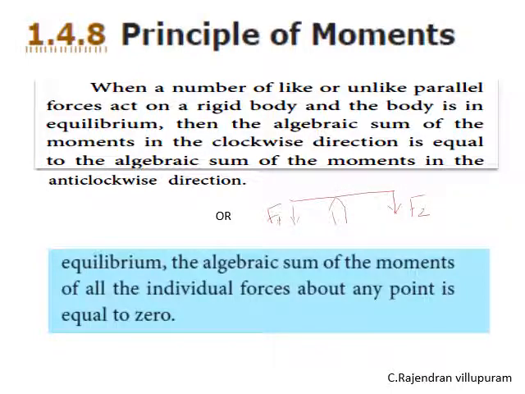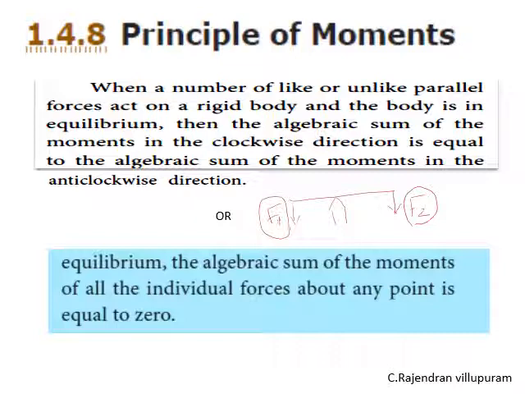If two forces are acting, the moment created by this force and the moment created by this force should be equal, such that the object should be in the equilibrium condition. If the moment created by the force F1 is equal to the moment created by the force F2, then the object should be in the equilibrium condition. That is called principle of moment.